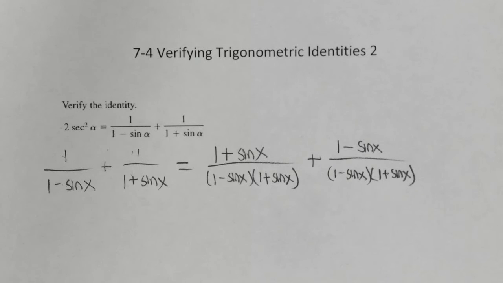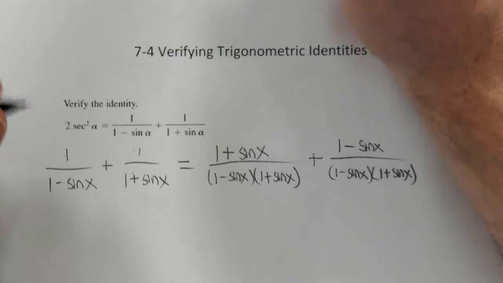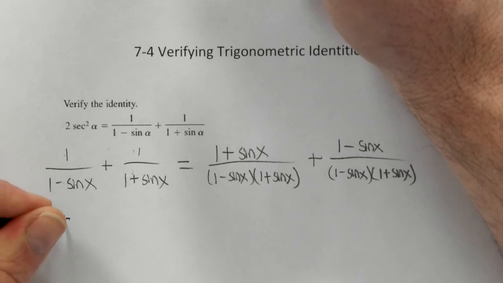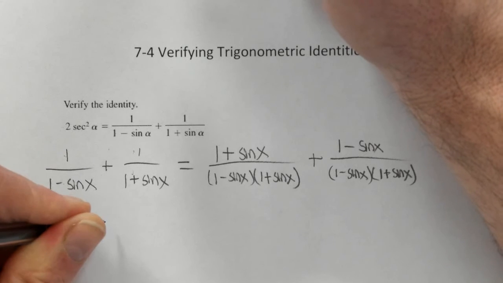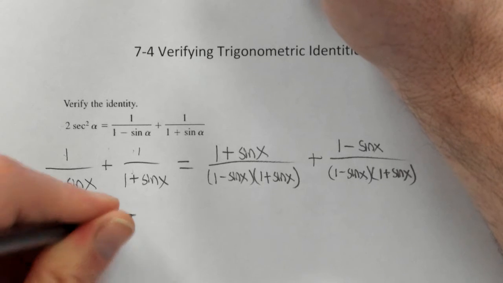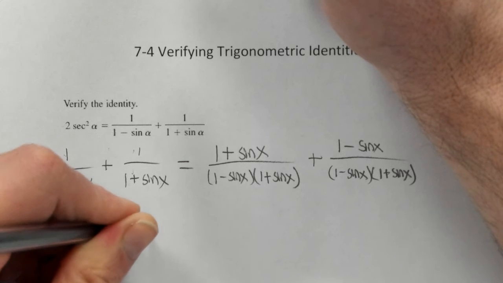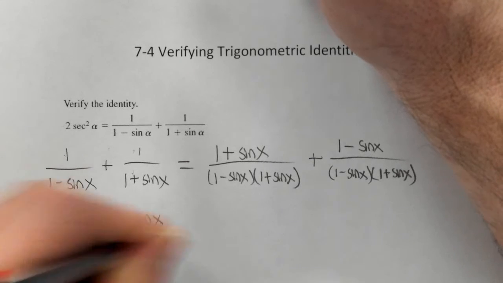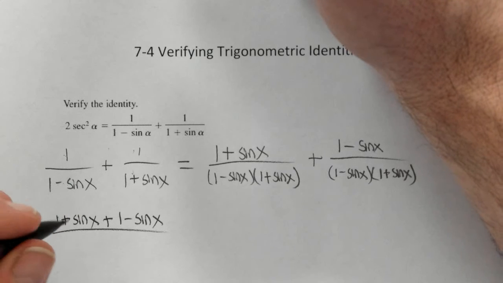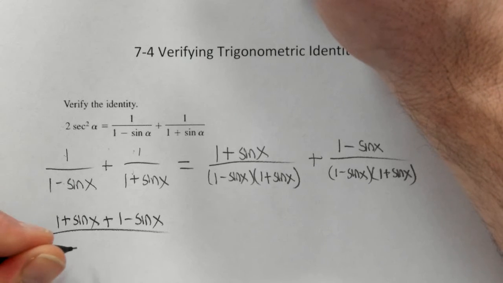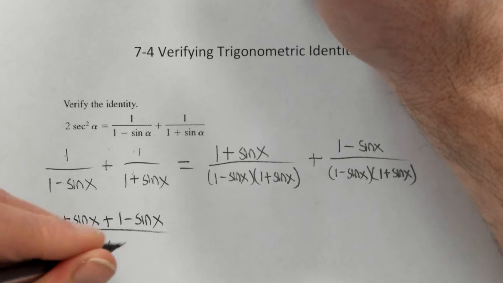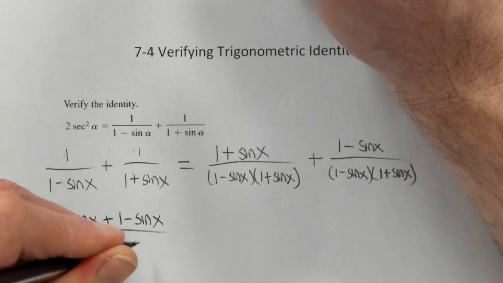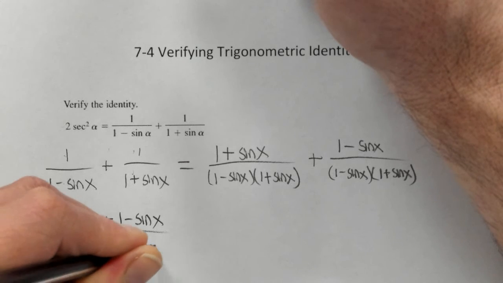Since the denominators are now common, I can add the numerators together. It'll be 1 plus the sine of x plus 1 minus the sine of x over the common denominator of 1 minus the sine of x times 1 plus the sine of x.